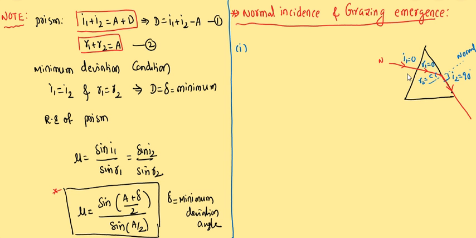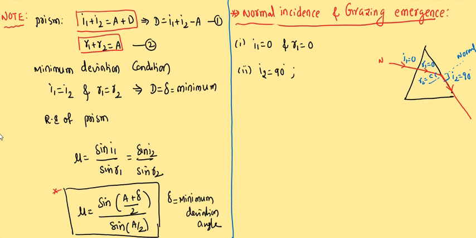That is the normal incidence. We write the angle of incidence as 0. Okay, what we write here? We write some points. Angle of incidence as 0 we write. And one more thing, when the angle of incidence is 0, automatically the angle of refraction is 0. Second point is that the angle of emergence is 90 degree.